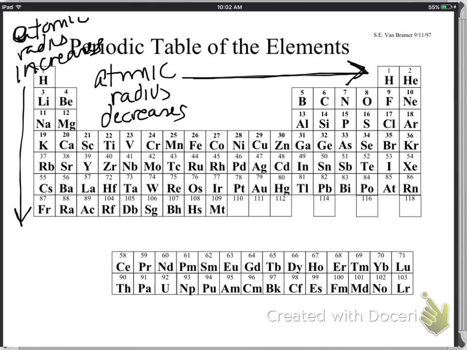Anions are larger than neutral atoms. So a negative ion is going to actually be a little bit bigger. So the things that we have here to compare are fluorine, boron, chlorine, and Cl1-. And we want to put them in order from largest to smallest.